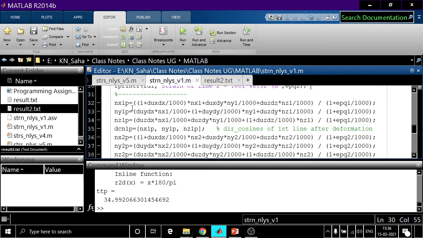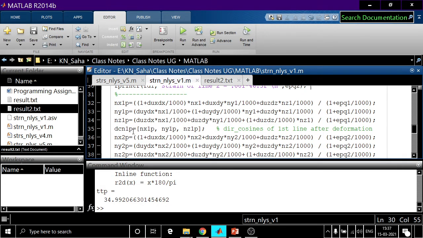And for the second line, you also note that for the deformed line, the values of nx1, ny1, nz1 are stored in another vector. This is dCn, or direction cosine of line 1 primed.